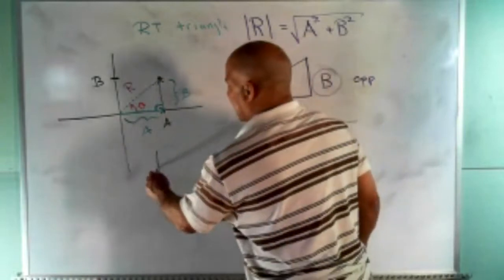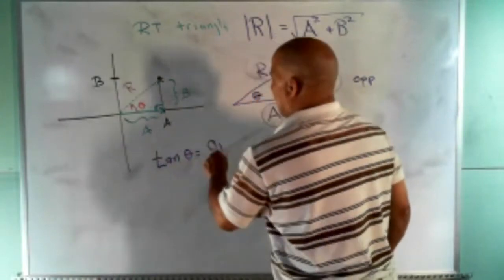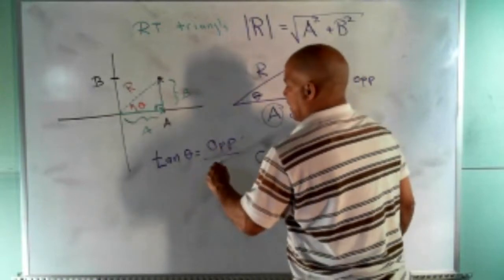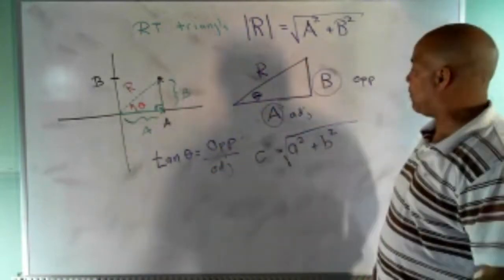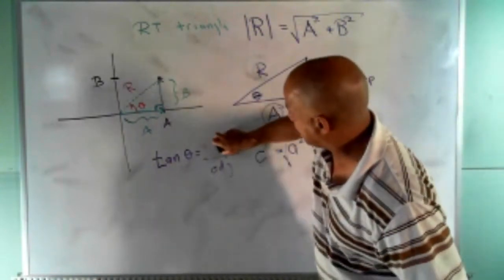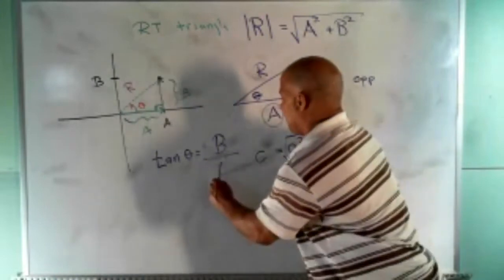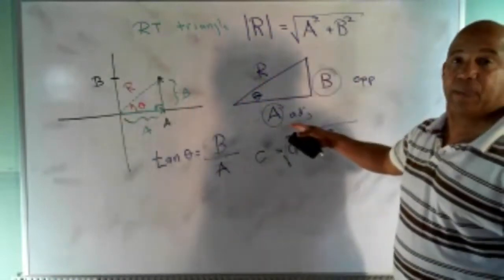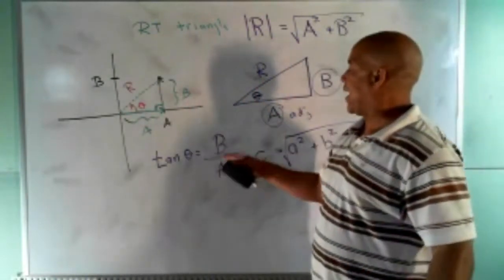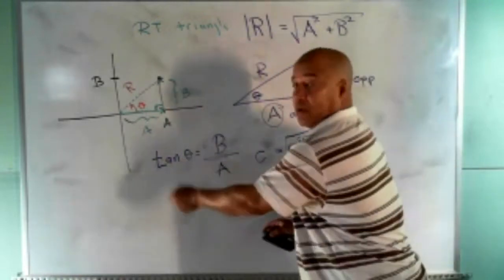Well, the tangent of an angle is equal to the opposite side over the adjacent side, is what they taught you in math. So the tangent of this would equal B, the opposite side, over A, the adjacent side. And so the tangent of that angle is B over A, but we don't want to know the tangent of the angle. We want to know the actual angle.